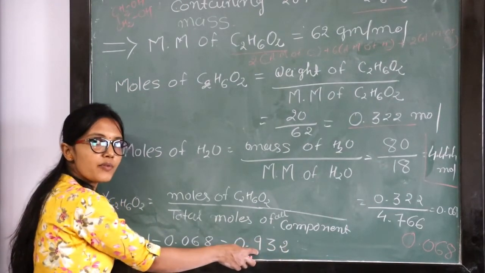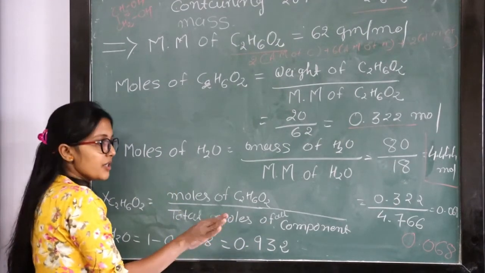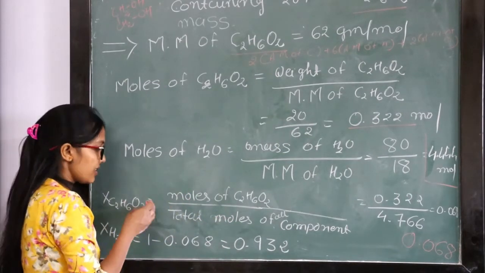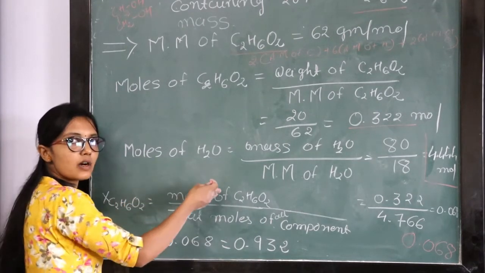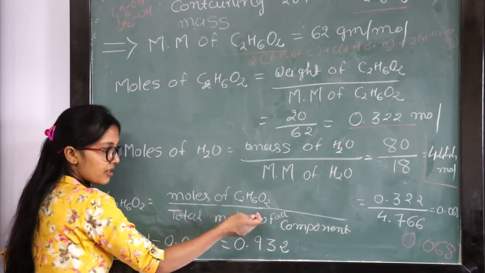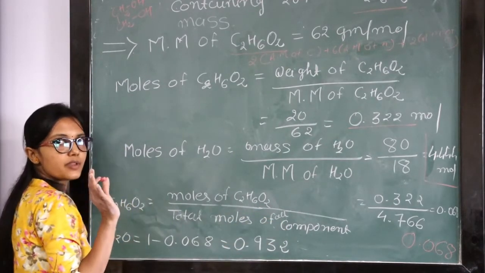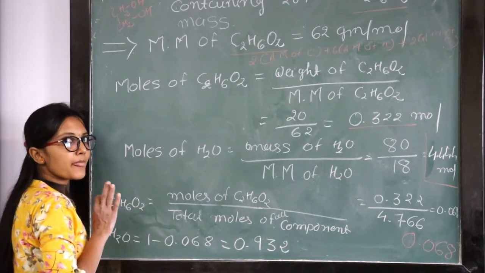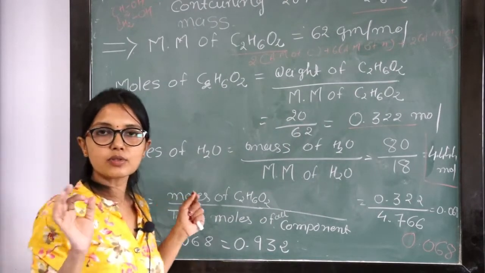This value is for water. And suppose you can't calculate with this formula, then use the easy formula: X of H2O is equal to moles of water molecule divided by total moles of the components, solute plus solvent. You can also use this formula for the water molecule. Clear? I have given you both formulas for how to solve this numerical.